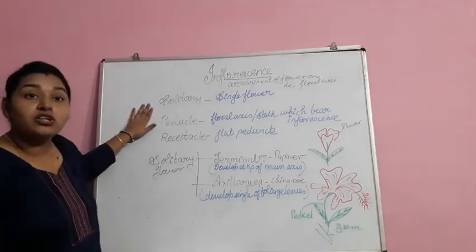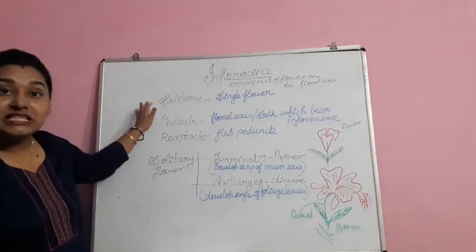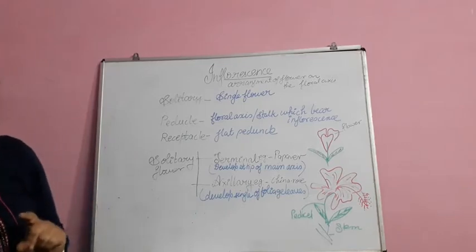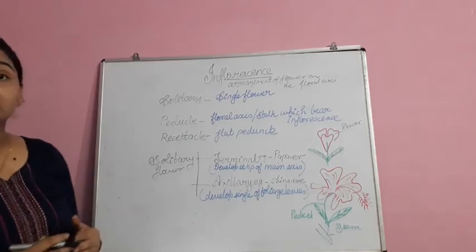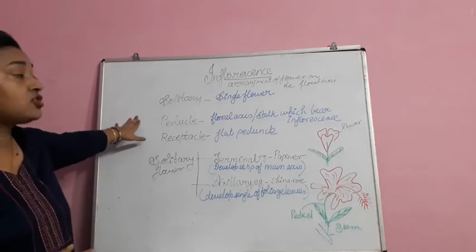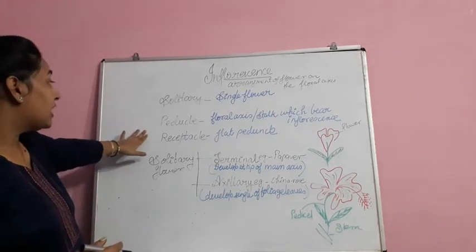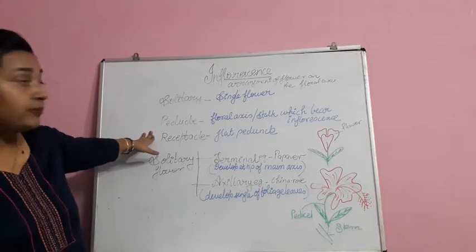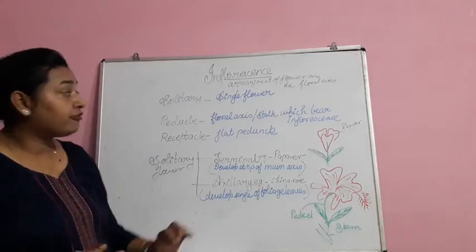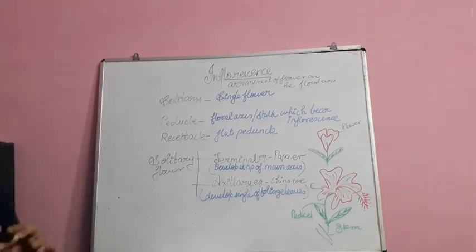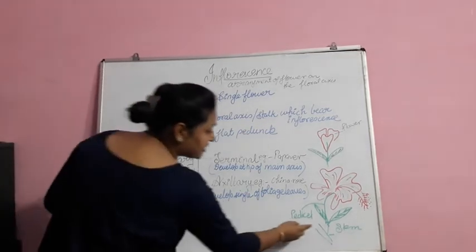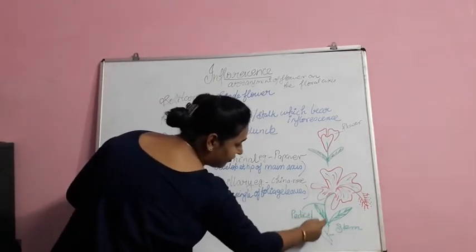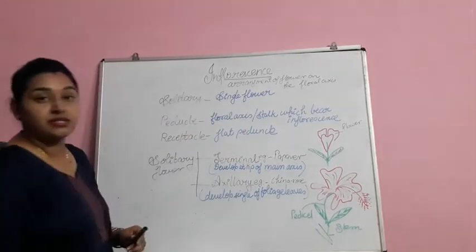There's a word called solitary. Solitary means single flower. So if a flower originates singly on its floral axis, that is called the solitary flower. The word is pedicel. The pedicel means the floral axis or the stalk which bears the inflorescence. So if this part is bearing flower, it is called the pedicel.